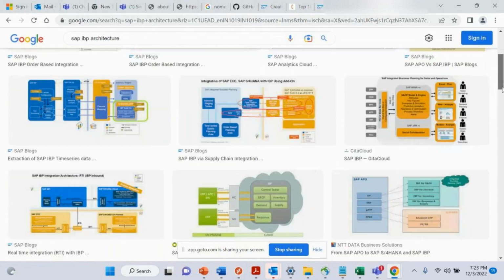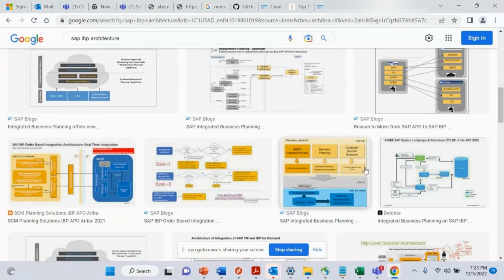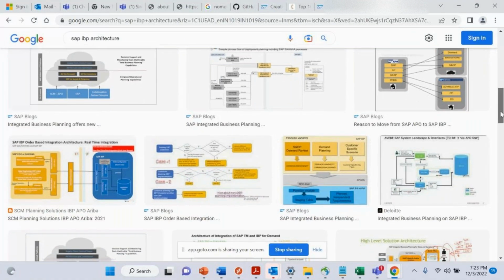So let me scroll down to the best architecture that we are having inbuilt in this IBP.